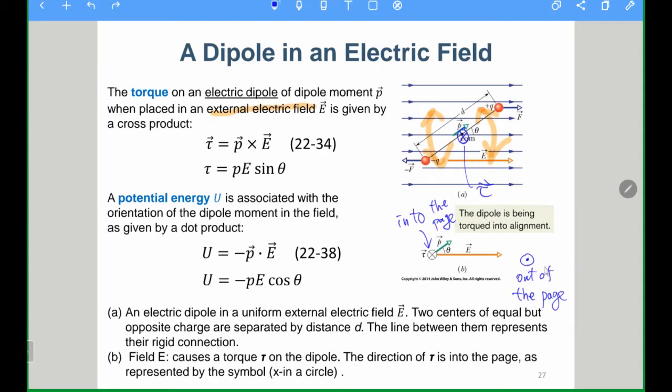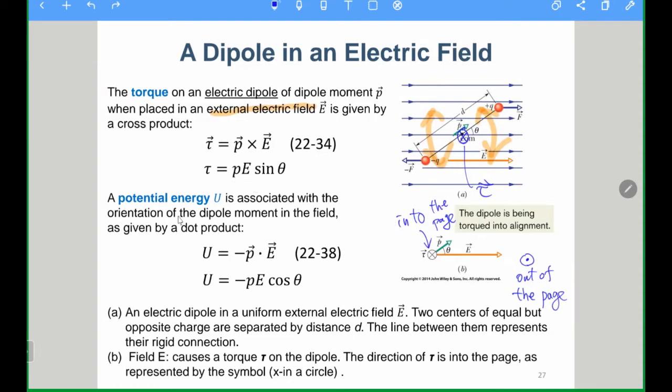We use this symbol to represent a vector out of the page, and the symbol with a cross means the vector is pointing into the page. One more time: if you use your forefinger pointing in this direction and then cross toward the E field, your thumb should point into the page, which is the same direction as the vector tau. So this is the torque.